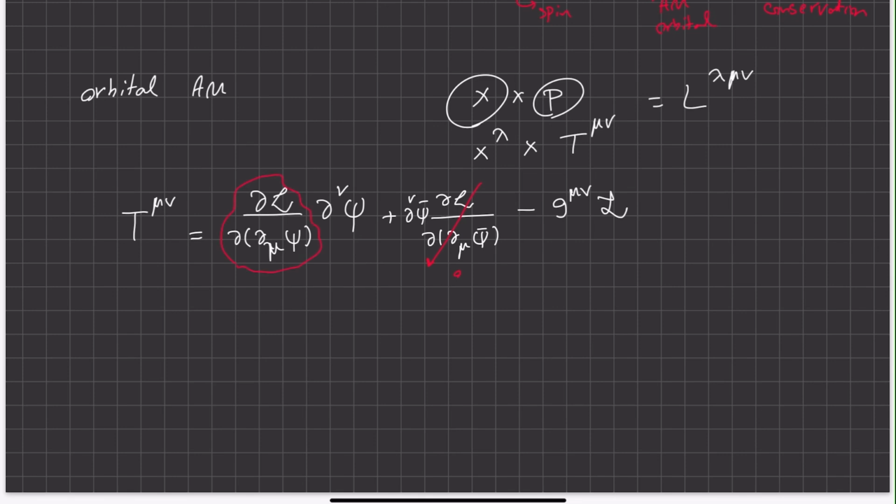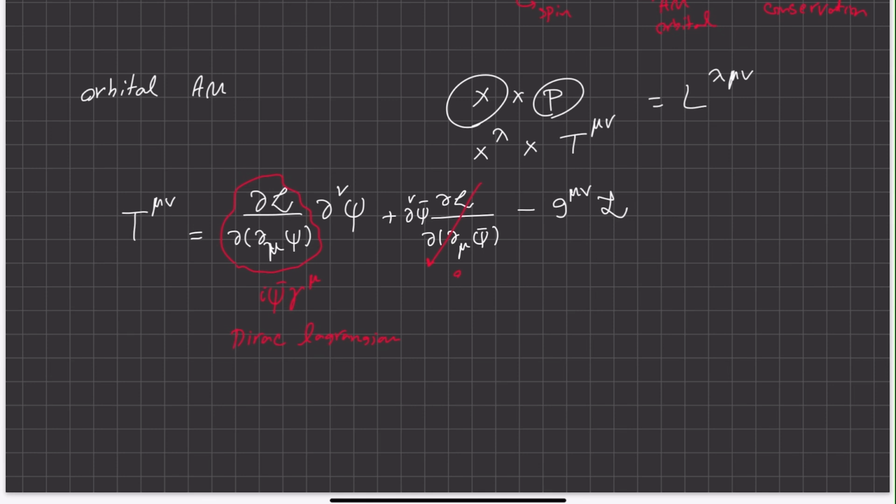So I have this term here. This term is going to be equal to i psi bar gamma mu. This is coming from the Dirac Lagrangian. If we take a derivative with respect to the mu-th derivative of psi, it's going to give us psi bar because there is a psi bar on the other side.